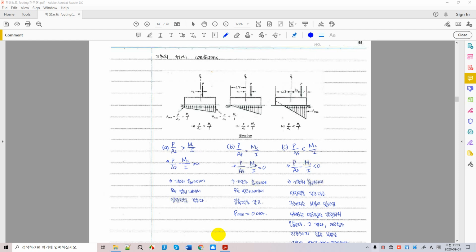In this first case, we have a bigger axial load than the stress caused by the overturning moment. Here, all the stresses remain in compression because the stress from vertical loads, the axial load, is greater than the stress caused by the overturning moment.